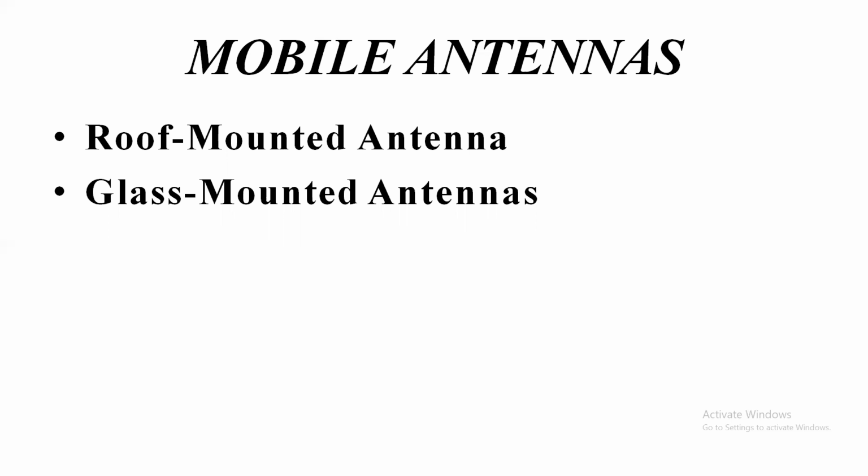There are around 20 items at the antenna system of the cell site.